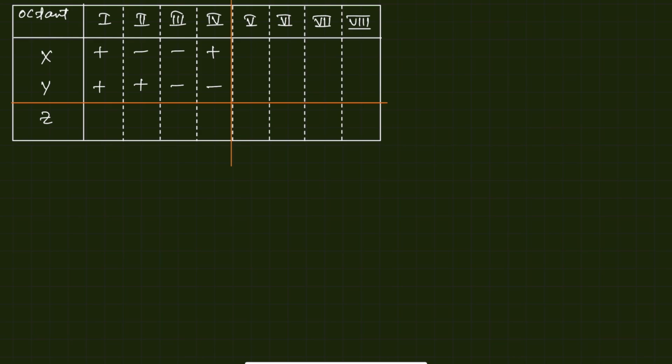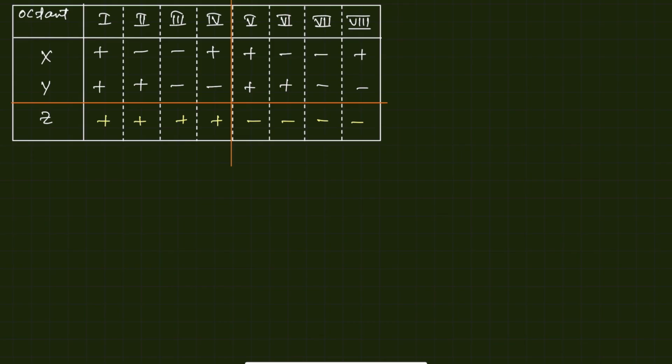Now you take down the same signs: plus plus, minus plus, minus minus, plus minus. As I told you, in the first 4 octants z is positive, and in the next 4 octants z is negative. Like this you can easily remember the table.